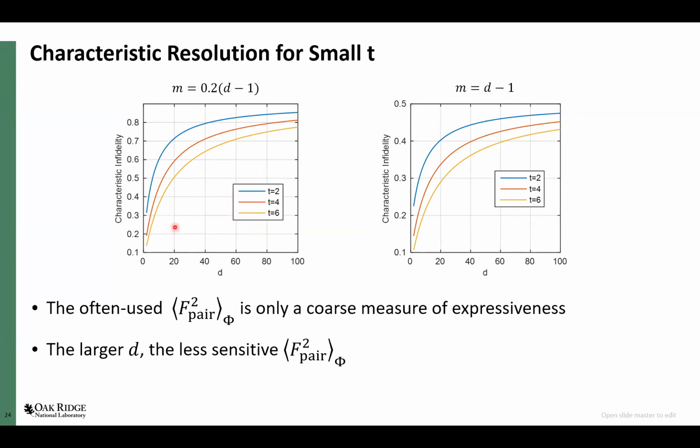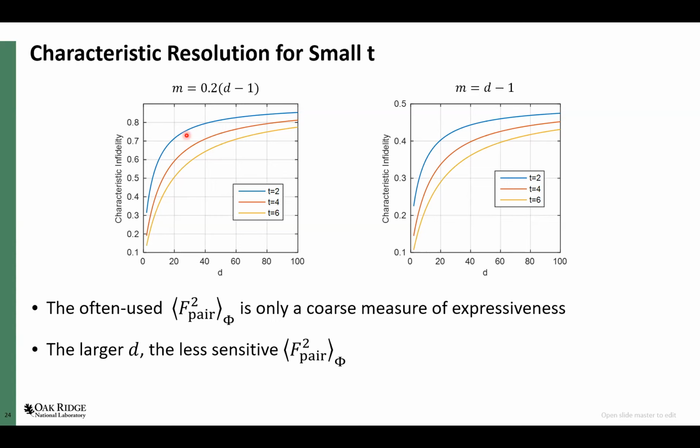So you can have a circuit that has a very high measure of expressiveness when you're looking at t equals 2. But the characteristic infidelity might be something like 0.7 or 0.8. So basically, even though it would look like you've got a highly expressive circuit, what that really means is that you can only guarantee that you can approximate states to an infidelity of 0.8 or 0.7, which is very poor.